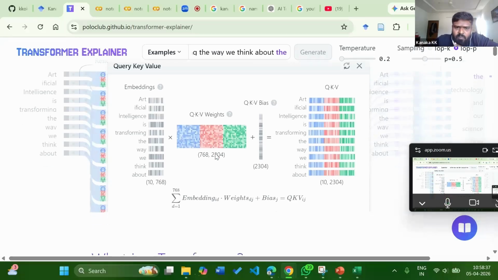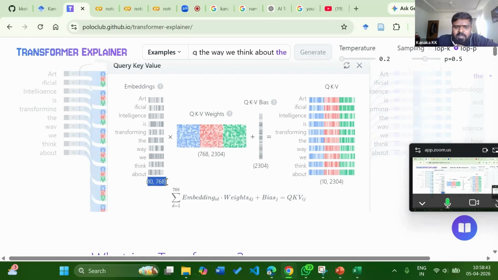Now we have to multiply this QKV matrix with the embedding matrix. The embedding matrix dimension is 10 comma 768. Likewise, the QKV matrix dimension is 768 into 2304. And what is the primary rule for multiplying two matrices?